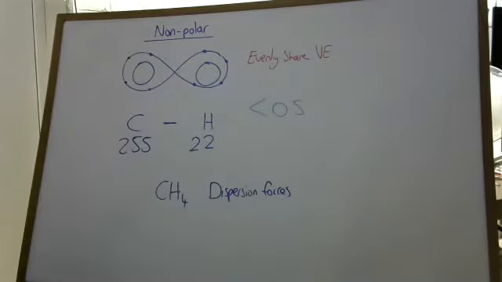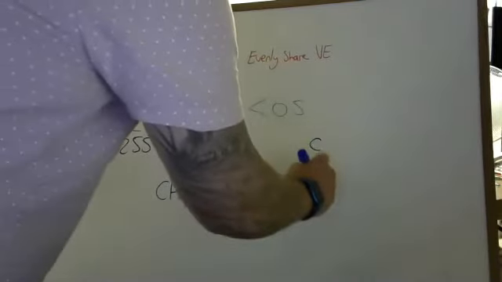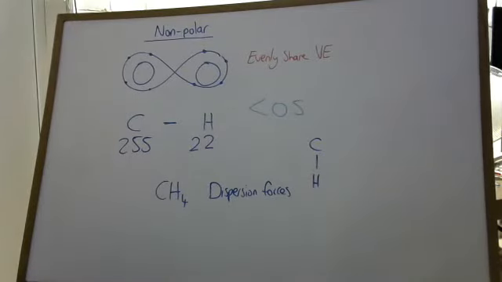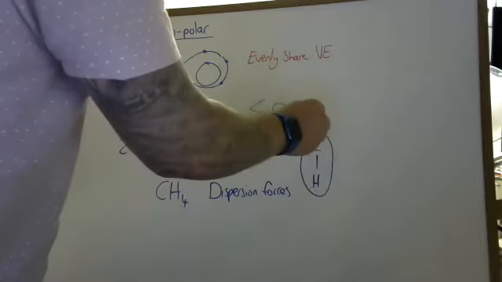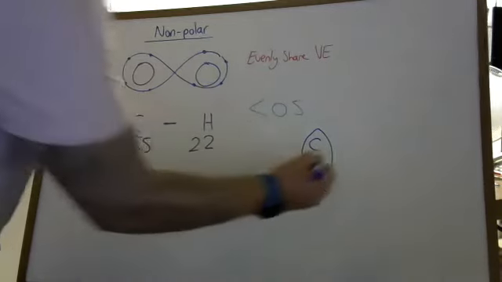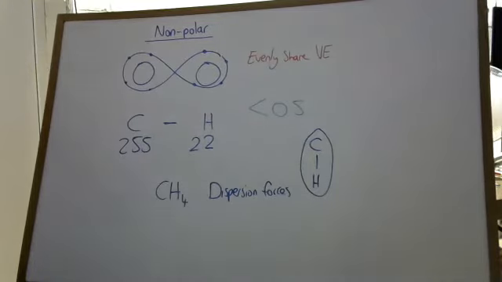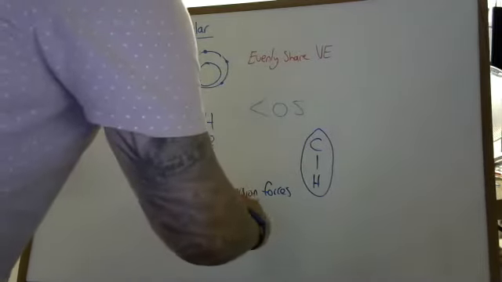So if we look at carbon and hydrogen, at some point in this molecule, even though they're shared and distributed relatively evenly, there will be more on this side than there will be on that side. It's very weak. So dispersion forces, very weak.